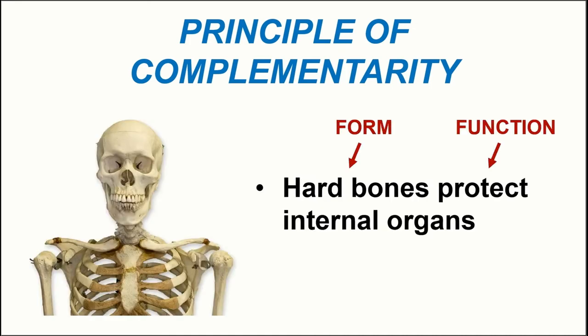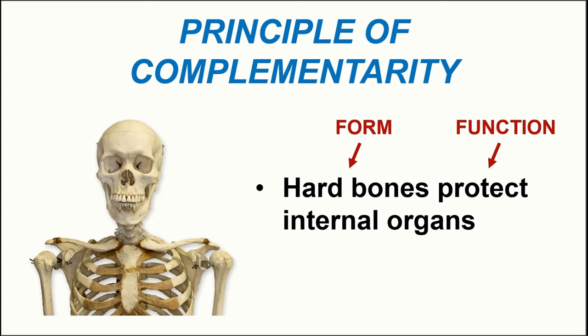With the skeletal system, hard bones are the form. The hardened minerals and calcium within our skeleton make bones hard and tough, which aids in protecting deeper internal organs. So we have form, the hardness of our skeleton and bones, which serves the function of protecting the deeper internal organs. That's the principle of complementarity at work within the skeletal system.